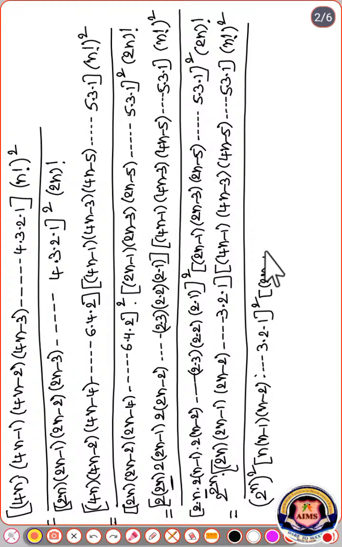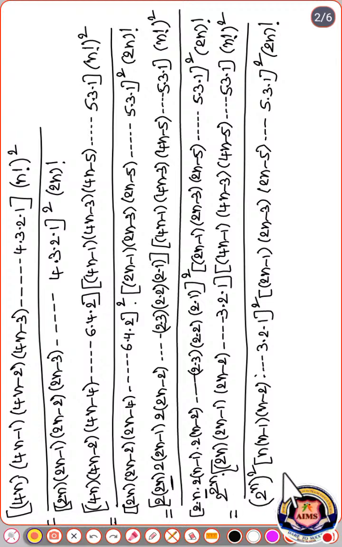Next remaining value 2n minus 1, 2n minus 3, 2n minus 5, and so on, 5, 3, 1 whole square into 2n factorial. I hope you all are understanding clearly, my dears. So next step, here 2 power 2n will be same as it is.